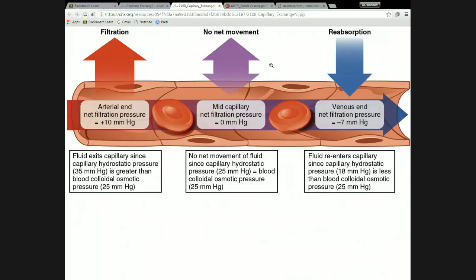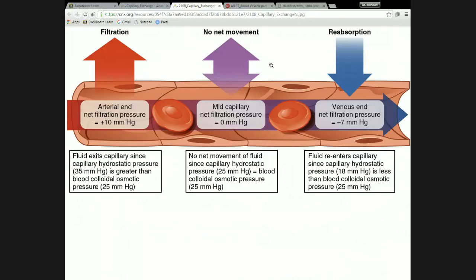So now the difference between these two is -7 millimeters of mercury, and the negative just means that there's more osmotic pressure than blood pressure, so things are going to move in from the tissue into the blood, which will carry water molecules back in, as well as waste products from the tissue. The nutrients that have come out of the blood are absorbed by the cells of the tissue, and those cells also have waste to give off, and those wastes come back in here.